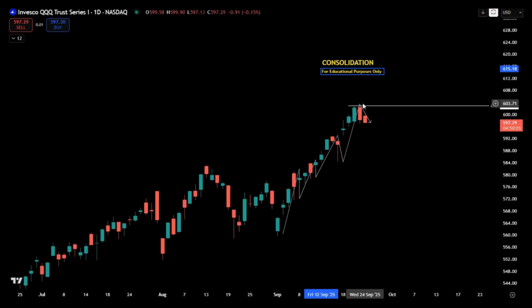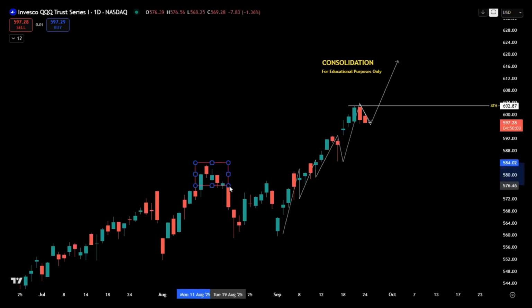In saying that, oftentimes my pullbacks are my entries to go up to the next level, until you get to something over here, like we see right here, where price went up and then we pulled back to go up, and then we had to pull back a little bit more, and then we went up.